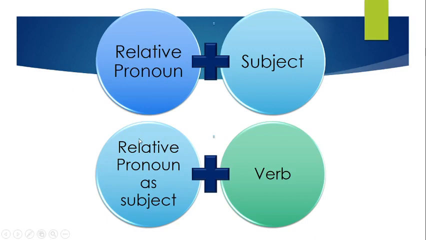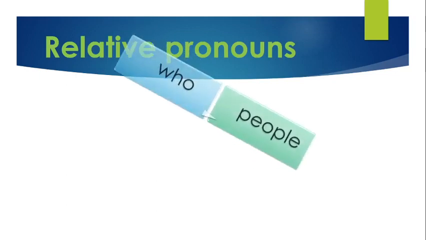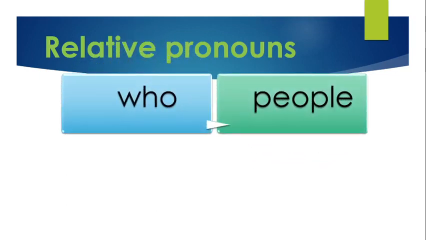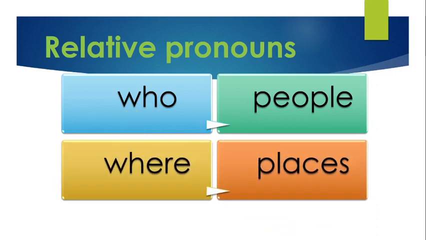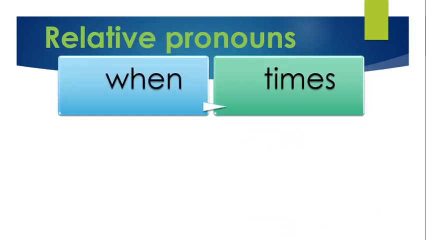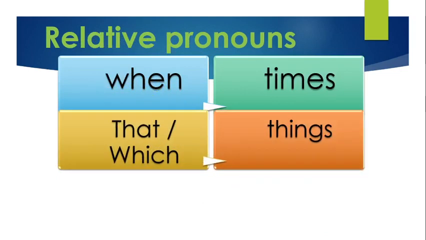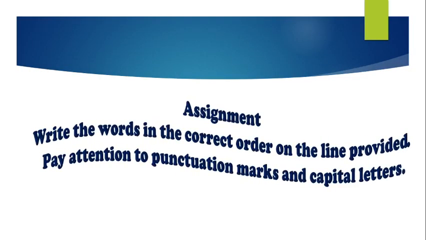But when we have the relative pronoun as subject, it's followed by a verb, and these cannot drop off the sentence. The relative pronouns we have are who, which is used for people, where for places, when for times, that or which for things, whose for possessions. And that's it. But we are going to check your assignment in the platform.